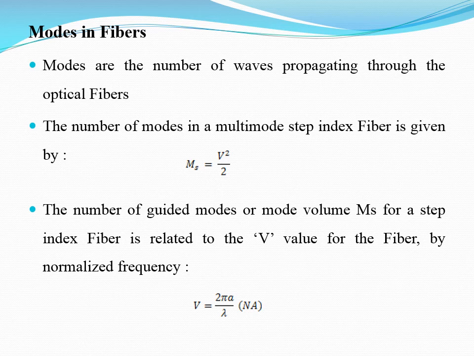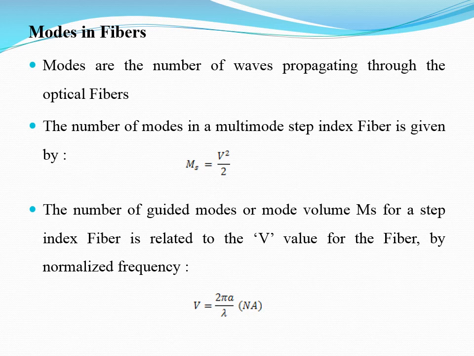The number of modes in a multimode step index fiber and the number of modes in a graded index fiber are going to be different. The number of modes in a multimode step index fiber is V square by 2, denoted by M subscript S, where S represents step index. So MS is equal to V square by 2, where V represents the normalized frequency.